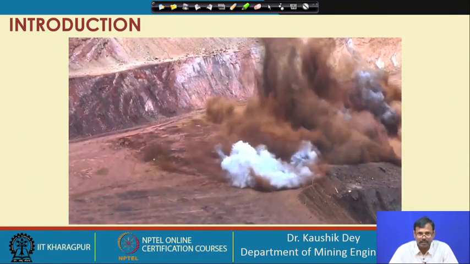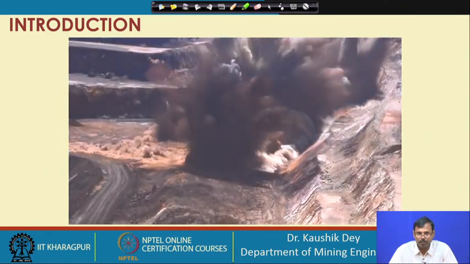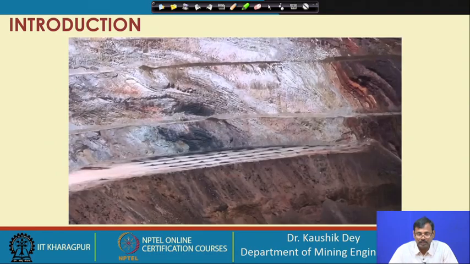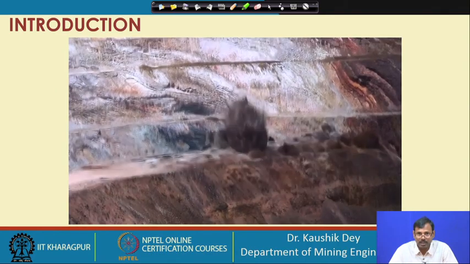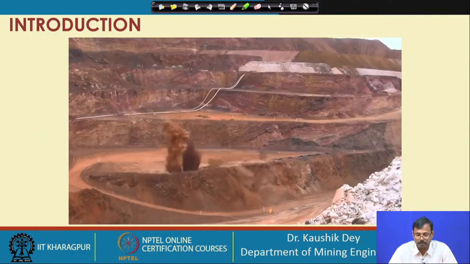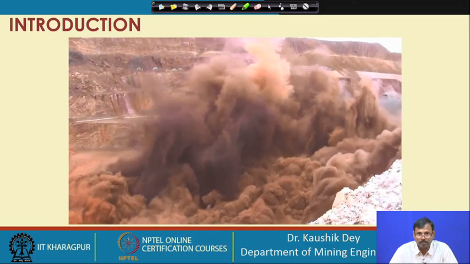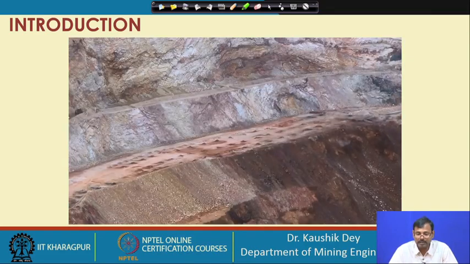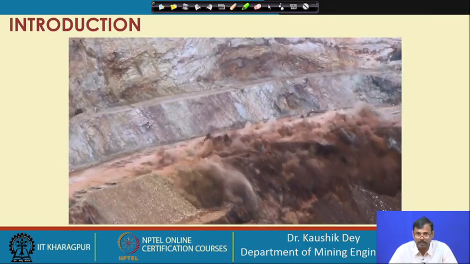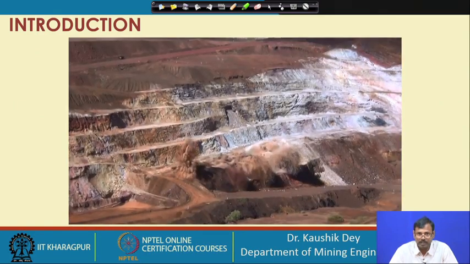The second is that we want the exact timing of blasting of the explosive placed in the different blast holes, not simultaneously but in different time frames.